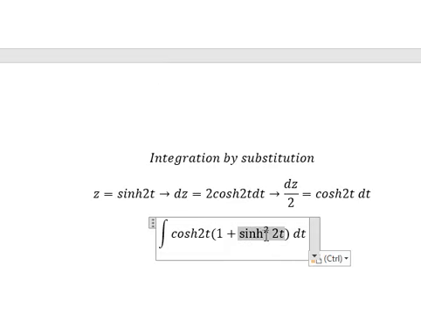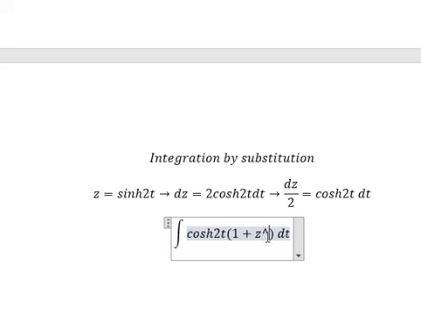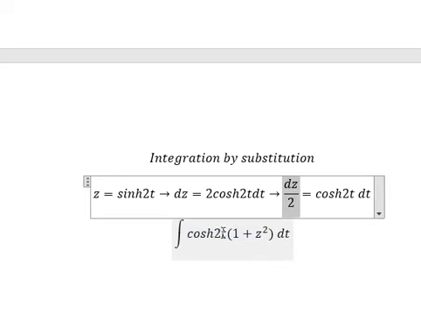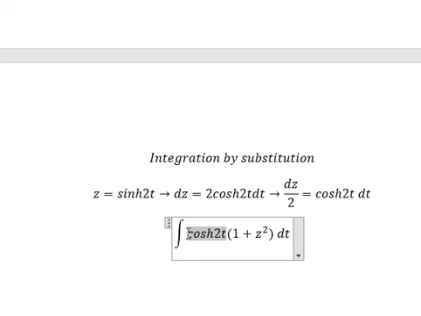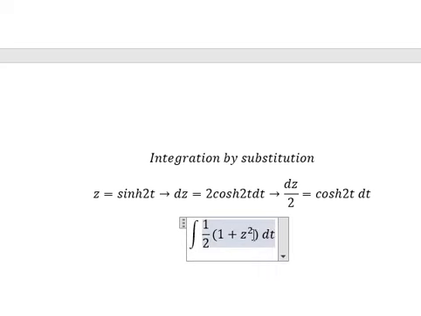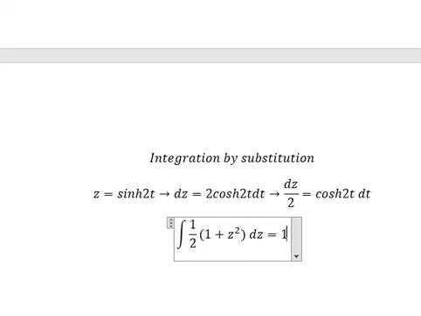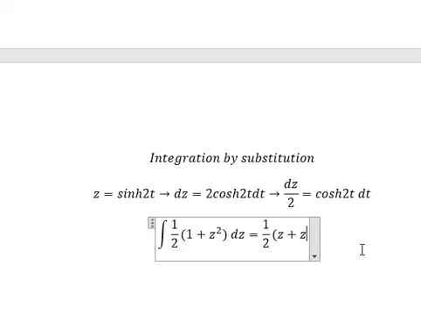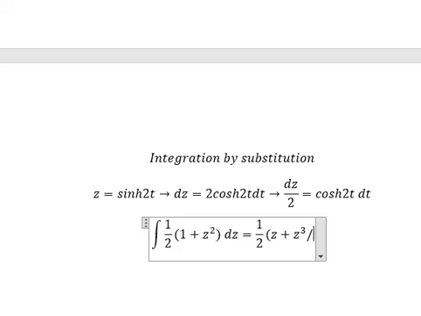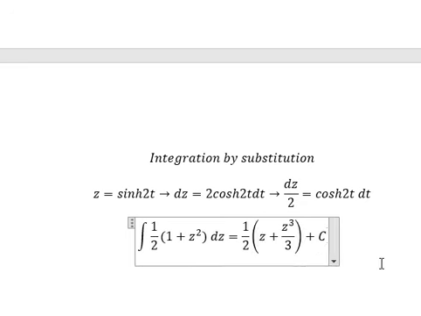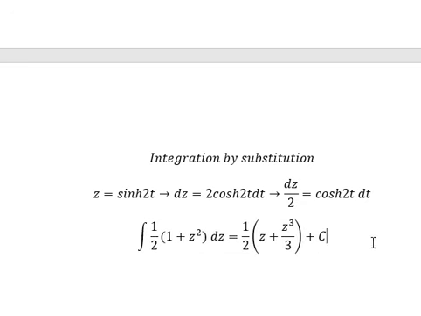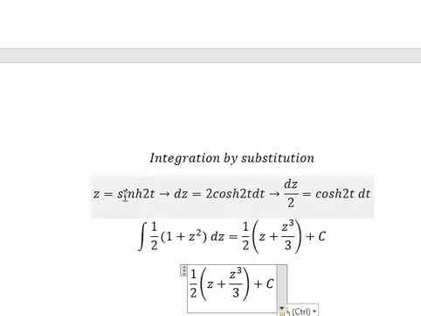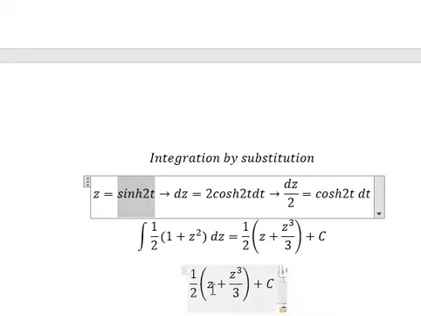So this one we change for z. This one we can change by this one. The integration of 1, that is z, and the second one, that is 3. So z, that is this one.